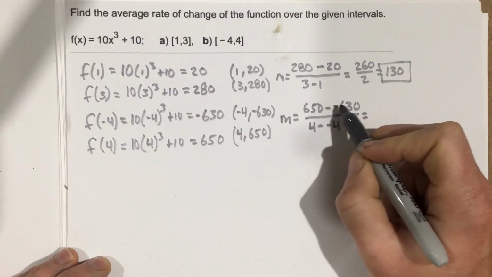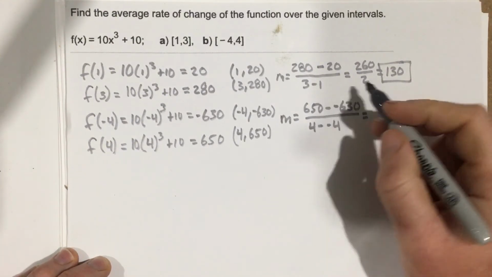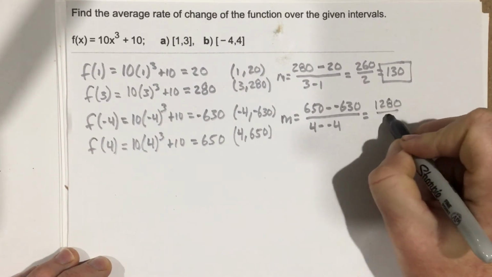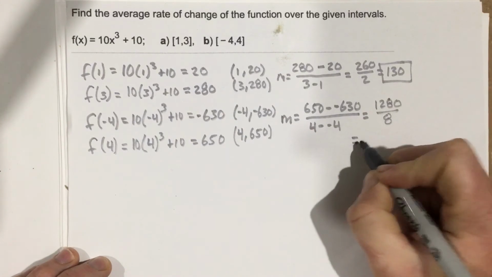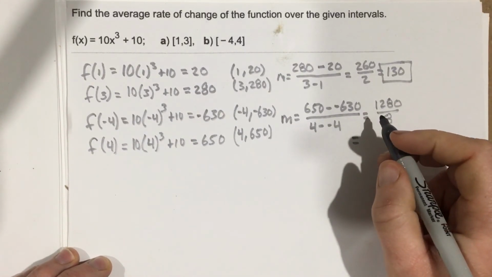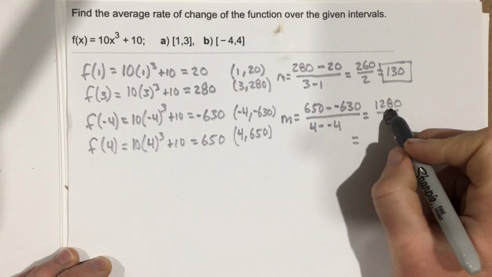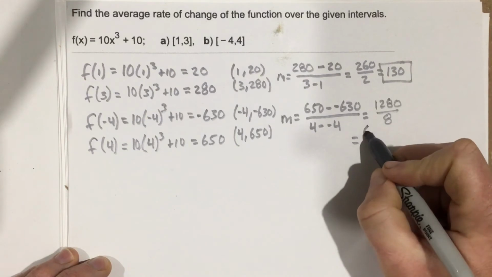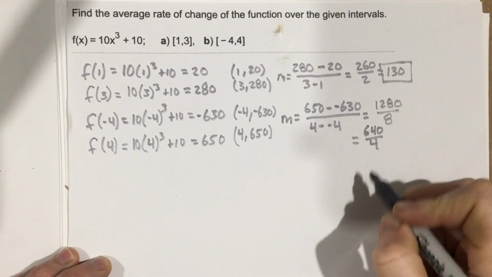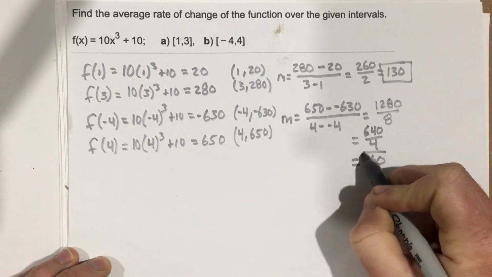When you subtract a negative, that's a positive, so we end up with 1280 over 8. We can reduce that by dividing by 2, and we end up with 640 over 4. And when we divide that by 4, we end up with 160 for a slope.